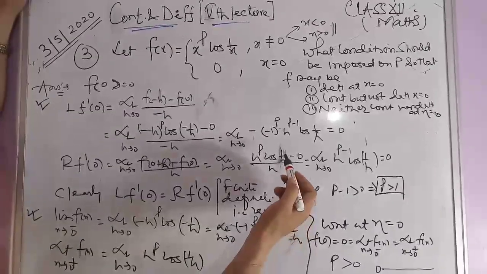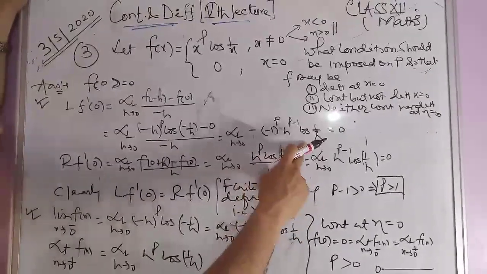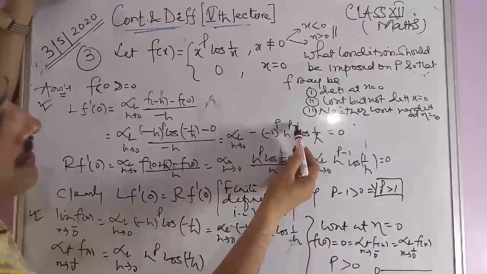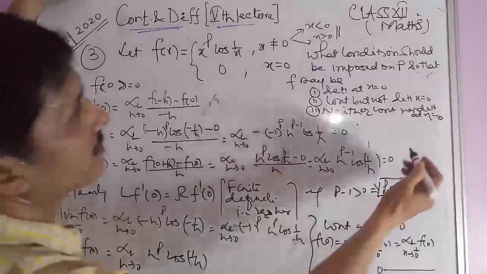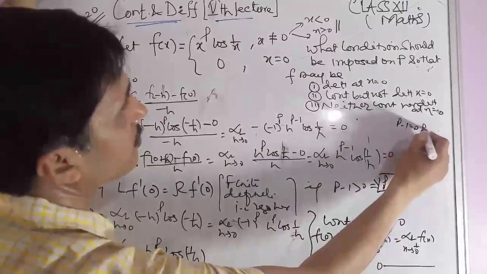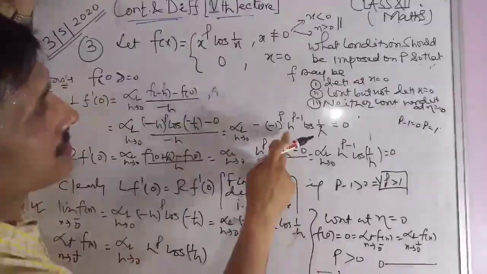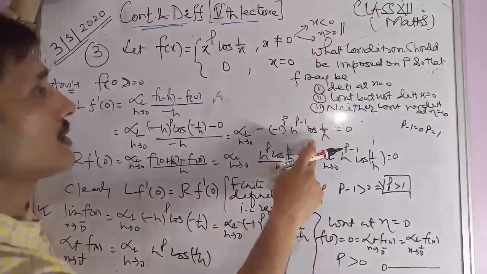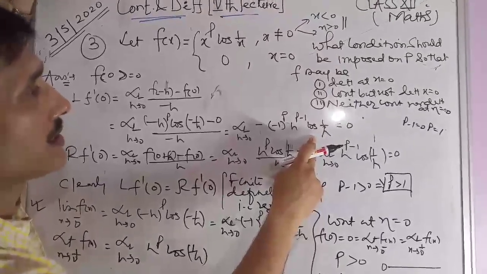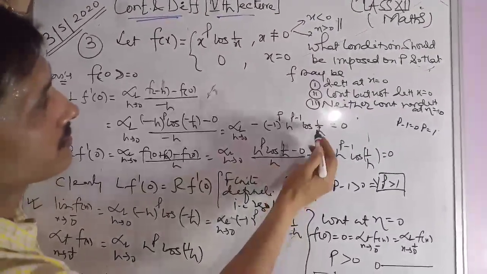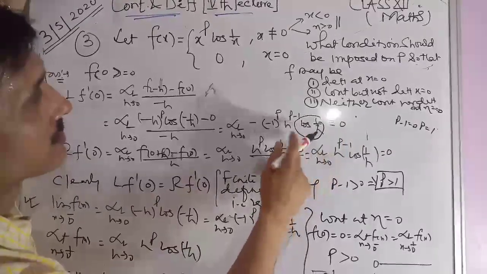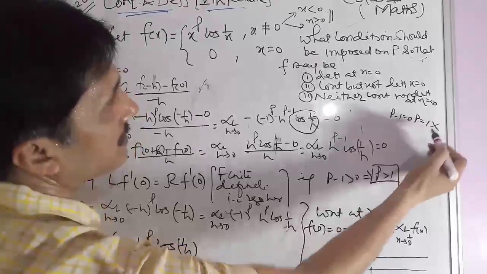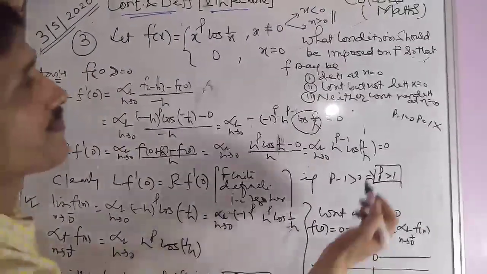Here, the function is differentiable at x equal to 0 if we take p minus 1 equal to 0, that is p equal to 1. In such a case, cos of 1 by h is not a definite number but oscillates between two finite numbers, minus 1 to 1. So it is not a definite value, so this case is excluded.